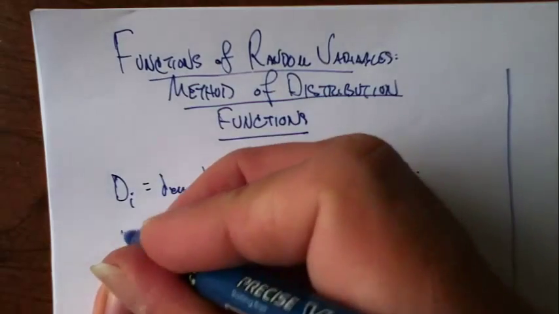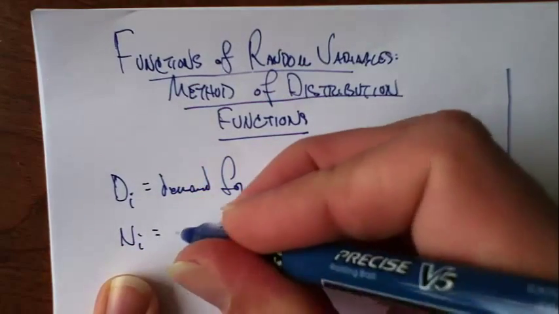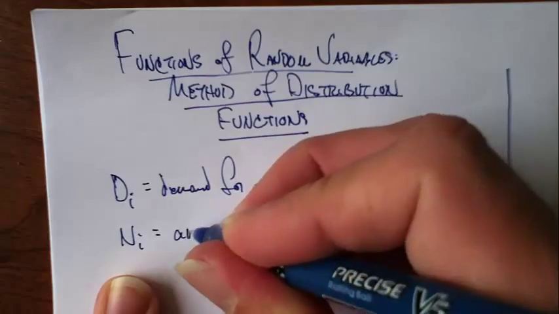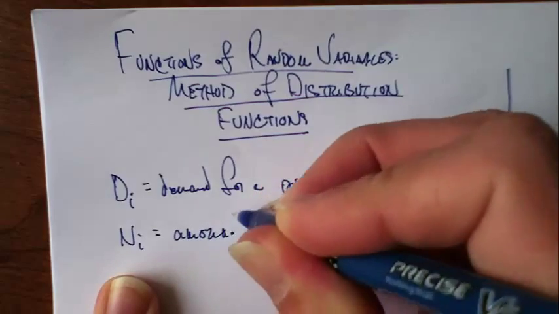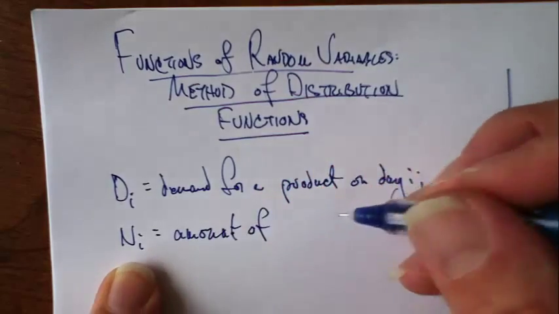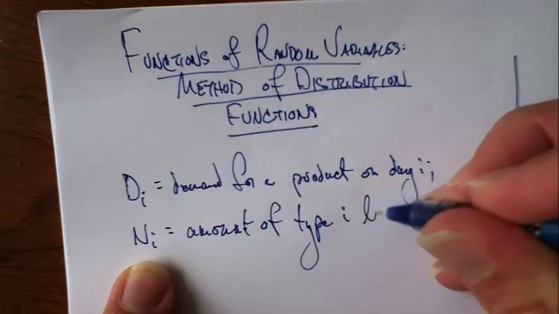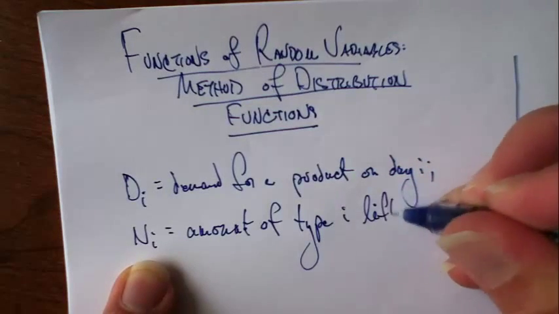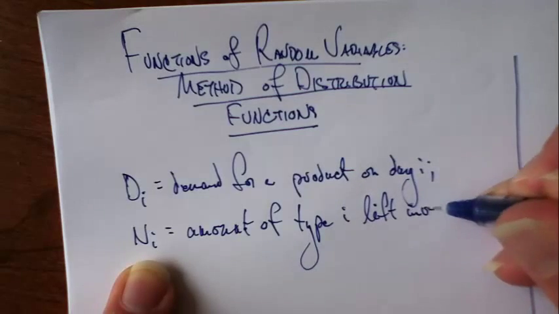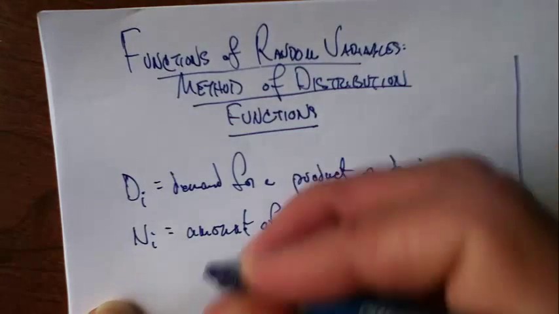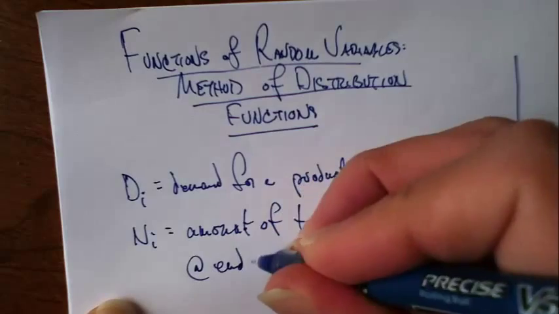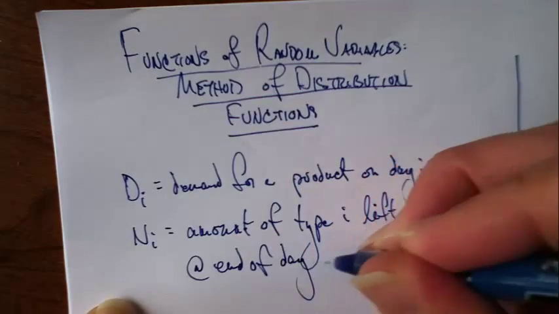And let's let N sub i denote the amount of type i left in inventory or on the shelf at the end of day i.